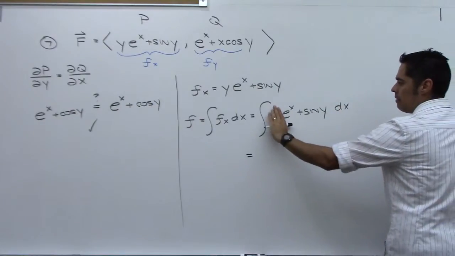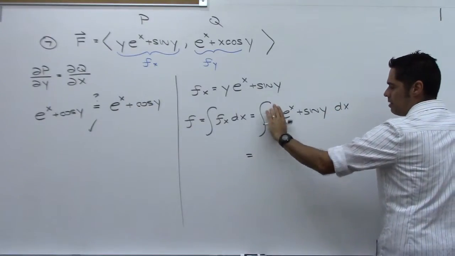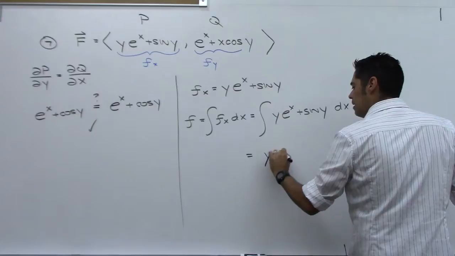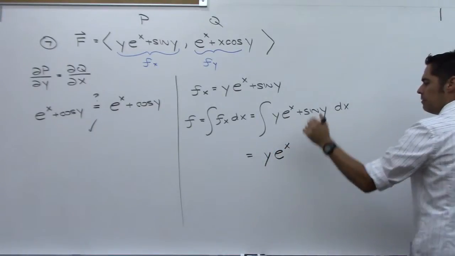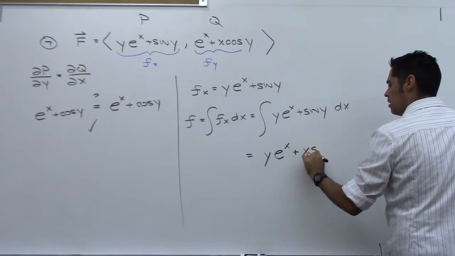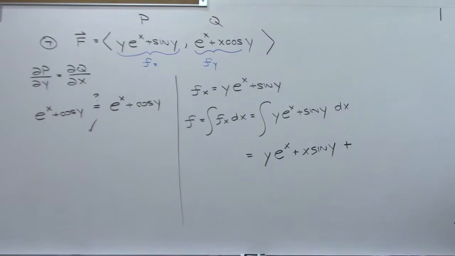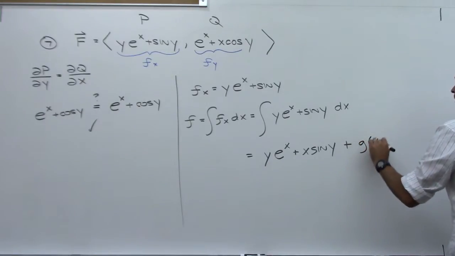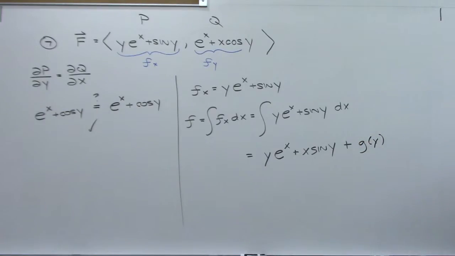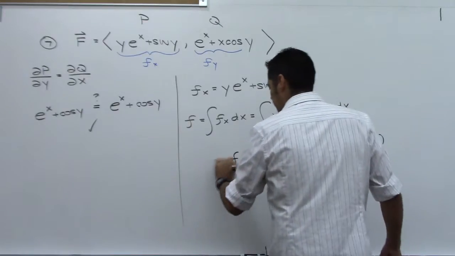Antiderivative of e to the x is itself, so I get y e to the x, and the antiderivative of this would be x sine y, plus possibly a constant, but again, that constant can have y's in it, so I'm going to call that g of y. And that's what I know f is so far.